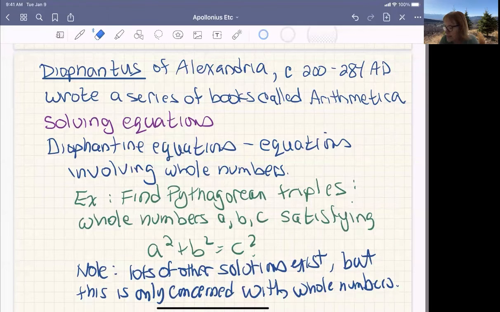So now the next mathematician that I would like to tell you about is named Diophantus. So this is Diophantus of Alexandria. He lived about 200 to 284 AD. Both of the dates are approximate.